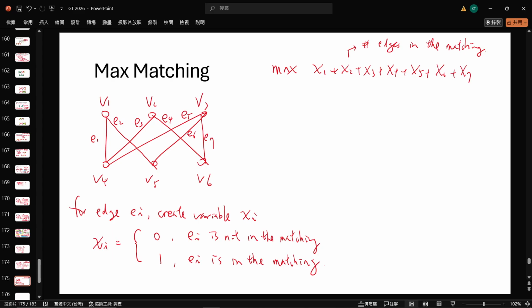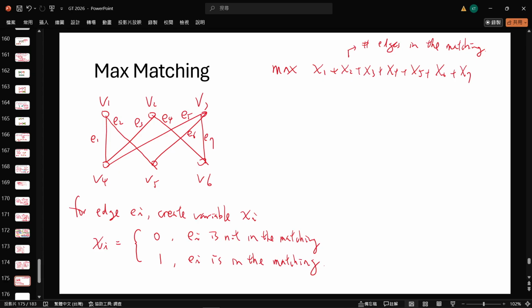So what should be the constraint? Let's consider E1 and E2. We know that between E1 and E2, we can choose at most one of them.